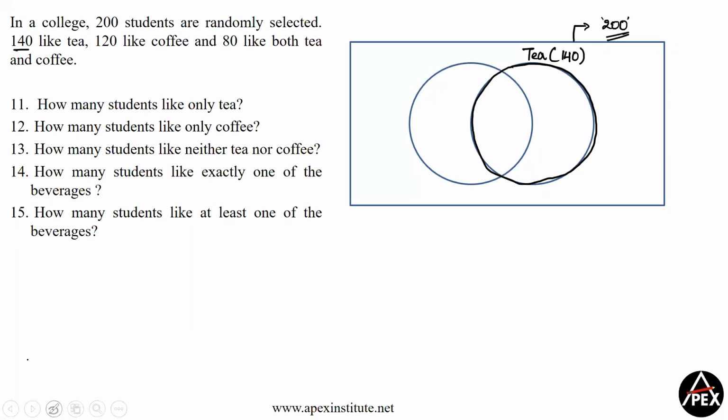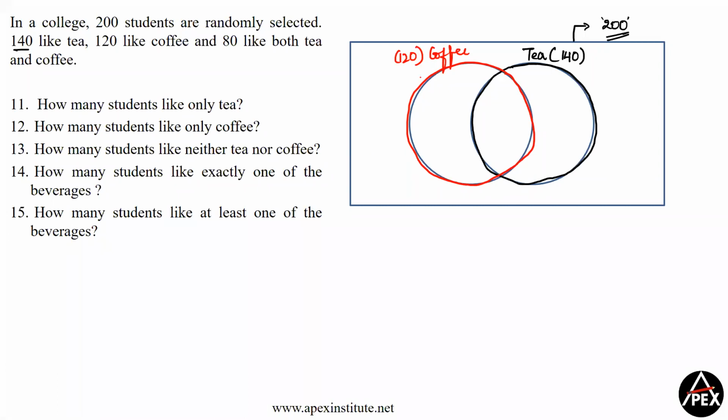And 120 like coffee. So let me consider this circle represents the number of persons who like coffee.